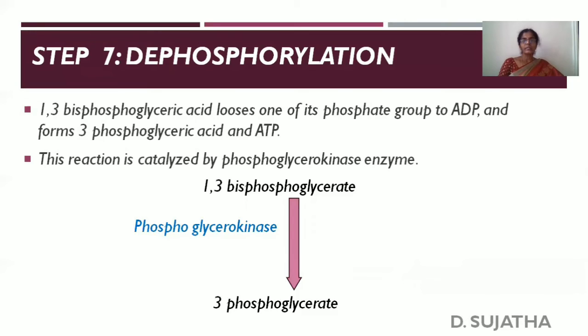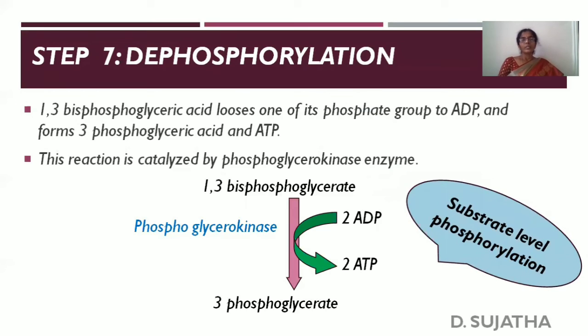That phosphate lost by the 1,3-bisphosphoglyceric acid is taken by ADP, and this ADP converts into ATP. So this 1,3-bisphosphoglycerate, in the presence of the phosphoglycerokinase enzyme, converts into 3-phosphoglyceric acid. Here two molecules of ATP are produced.